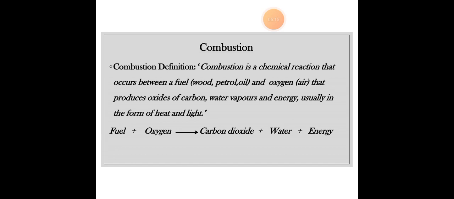Combustion is also known as burning. It is a chemical reaction where a substance reacts rapidly with an oxidant, usually oxygen, to produce heat and light. It's an exothermic reaction, meaning it releases energy and often results in the formation of oxidized products like carbon dioxide and water. The main reactants are the fuel and oxidant, with oxygen being the most common oxidant, and the common products include heat, light, and oxidized substances like carbon dioxide and water. So yeah, this is combustion.